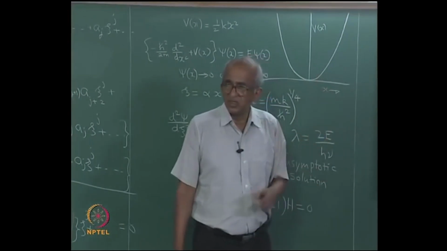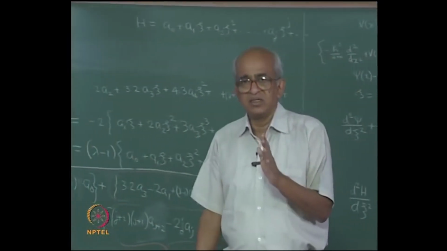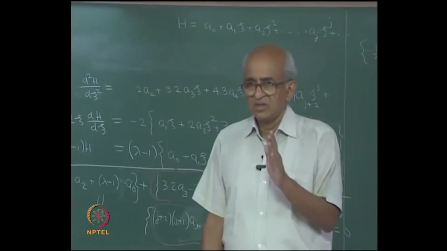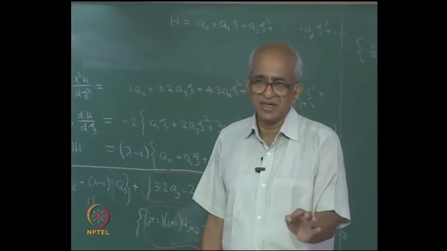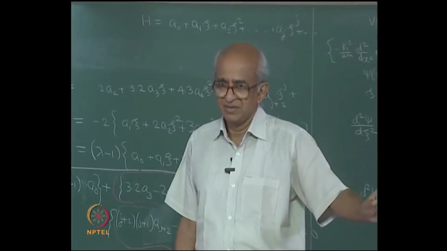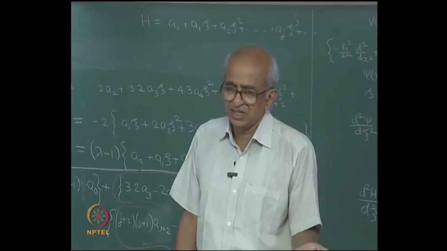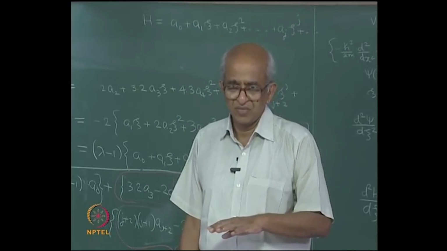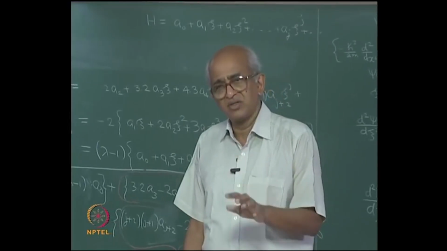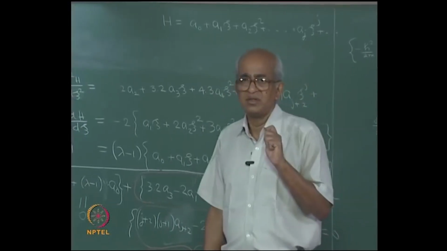So, that means your solution of the Schrodinger equation has to be either symmetric or antisymmetric under the operation of replacing x with minus x. So, if you change the sign of x, the wave function either has to change sign or it has to remain unchanged. So, suppose I am looking at solutions which are symmetric, then what will happen?